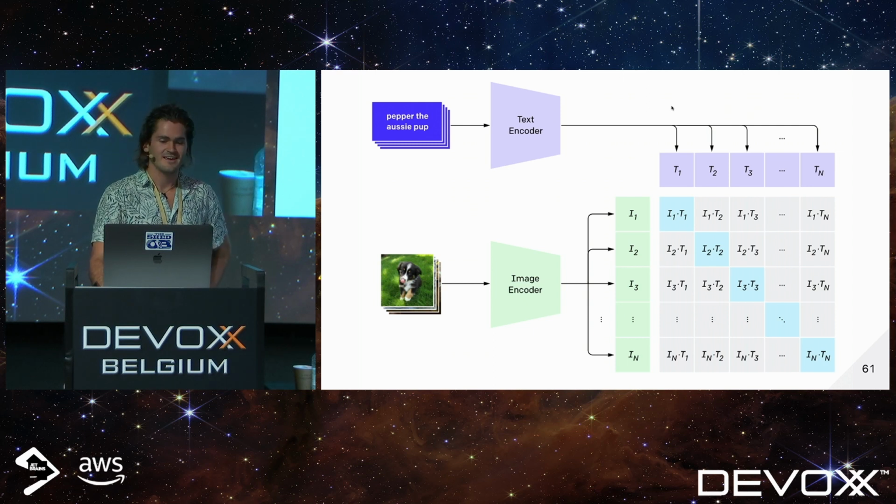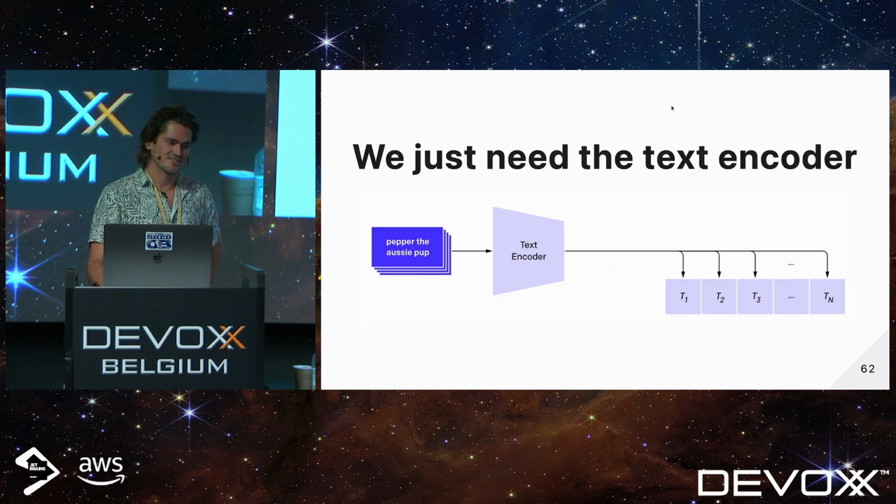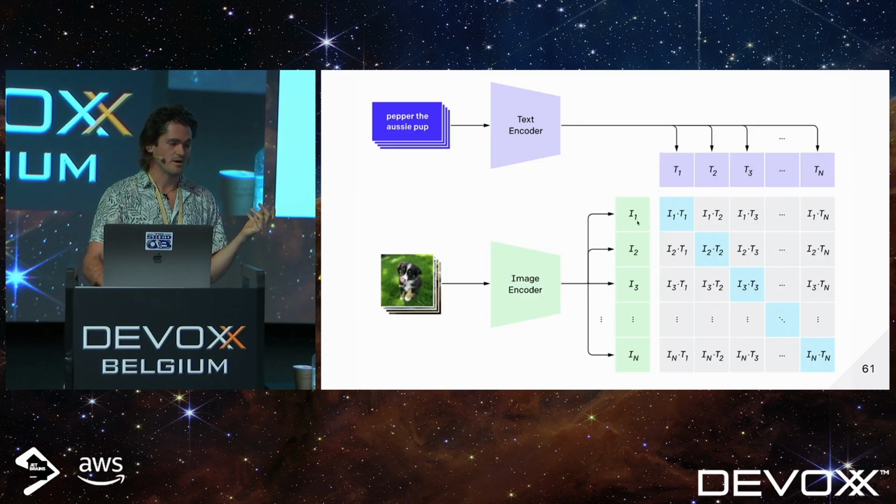All we do is take the text encoder, freeze it, and just use it. So now we have a text encoder that goes from text to something that resembles a latent space of images, right? So this T1 looks like the I1 representation of Pepper the Aussie pup.